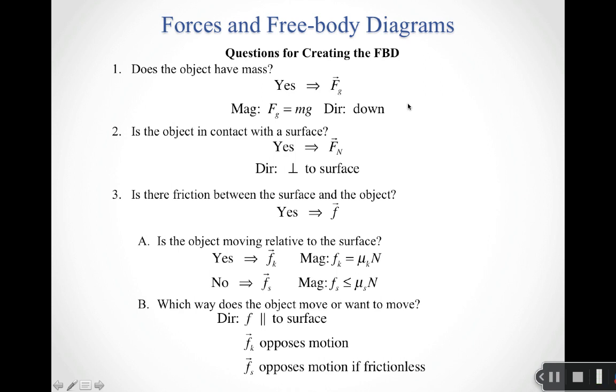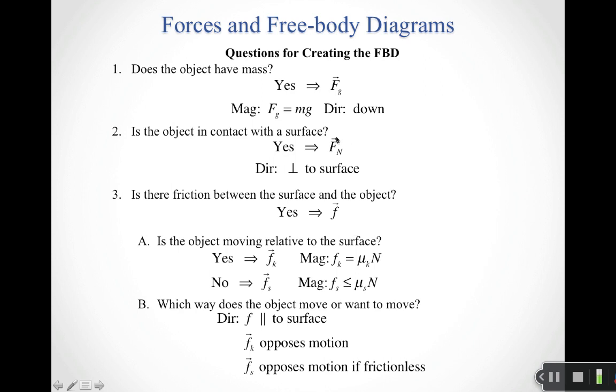So one thing to emphasize here: notice that for some forces we have a way to calculate the magnitude. We can calculate the magnitude of the gravitational force on or near the surface of the Earth. We can calculate the magnitude of the force of kinetic friction. We can calculate the maximum allowable value for the magnitude of the force of static friction.